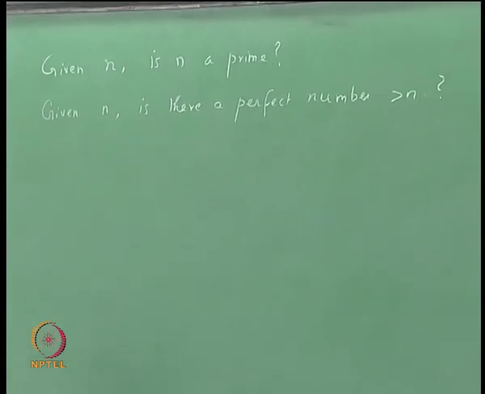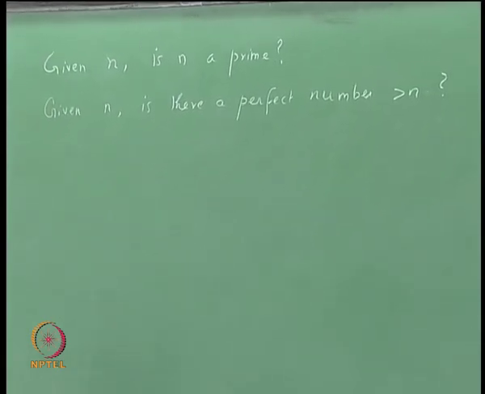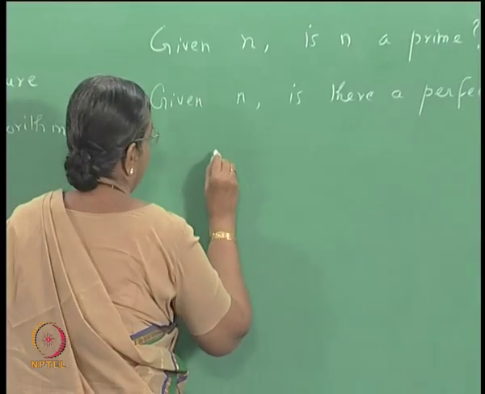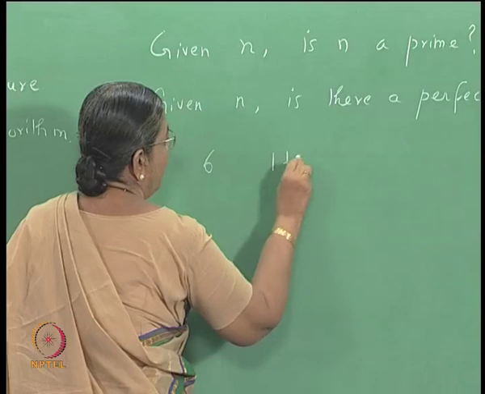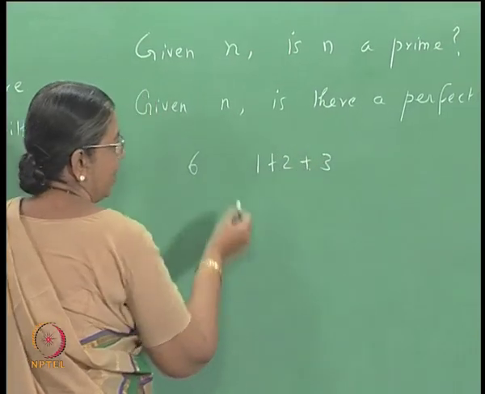What is a perfect number? The sum of the divisors is equal to the number. For example, if you take 6, 1 plus 2 plus 3 will give you 6, the divisors are like that.